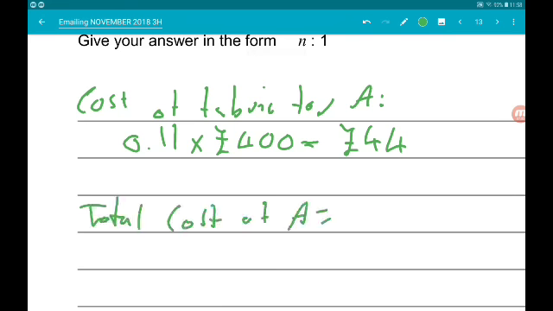So we also know the other costs for lampshade B are £7.50. So the total cost of B is £28.80 and £7.50, and that is going to give us £36.30.